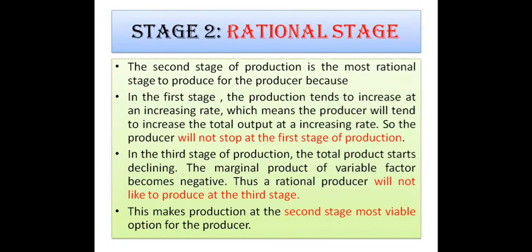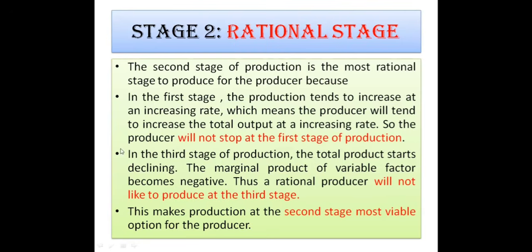Now coming to the point, why is stage 2 the rational stage? See, the second stage of production is the most rational stage to produce for the producer because in the first stage, production tends to increase at an increasing rate. That's why it is increasing return, which means the producer will tend to increase the total output at an increasing rate. Yes or no?